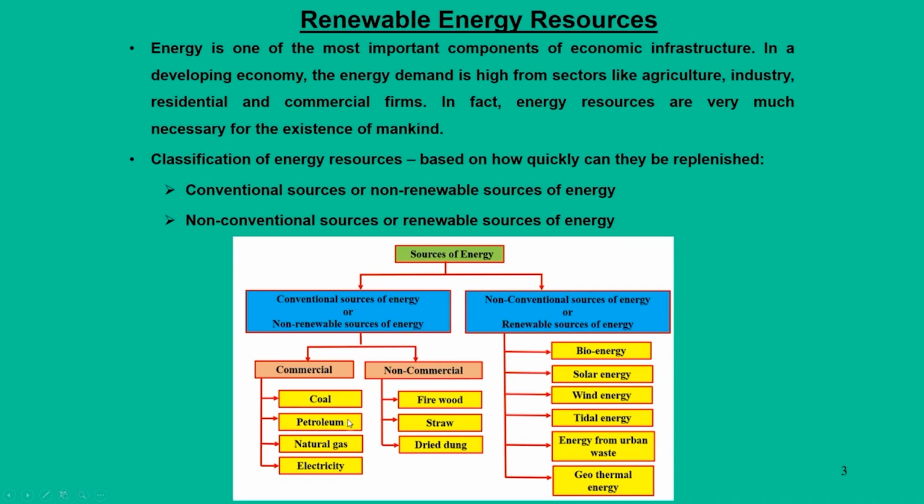We have already discussed that part when discussing the steam power plant, where coal was the major source of energy. But now our attention will be more focused on renewable sources of energy. Under these headings, we have bioenergy, solar energy, wind energy, tidal energy, energy from urban waste, and geothermal energy. We will touch upon some of these energy resources in subsequent lectures in this module.